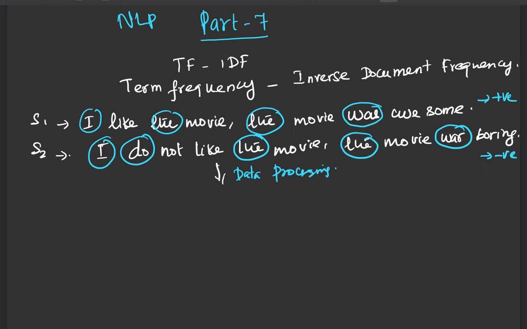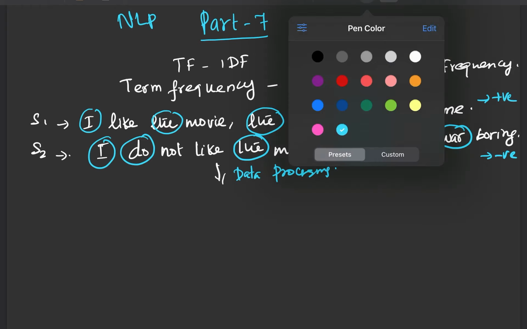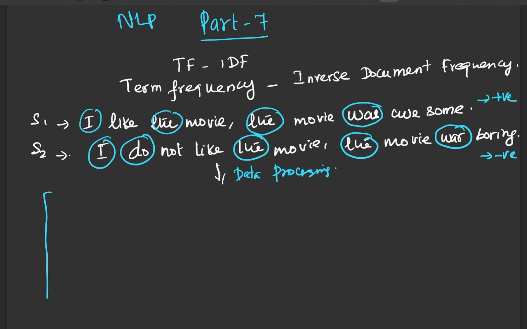After we do the data pre-processing, our document would look like this. For sentence S1, the corpus would have: movie, again movie, awesome.